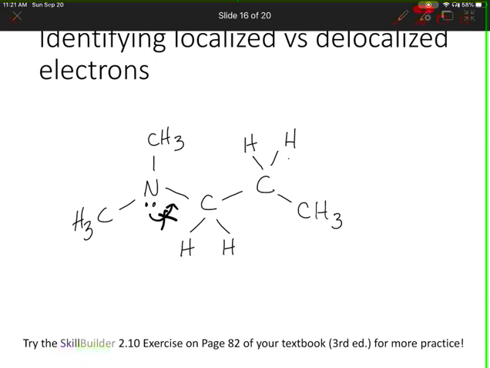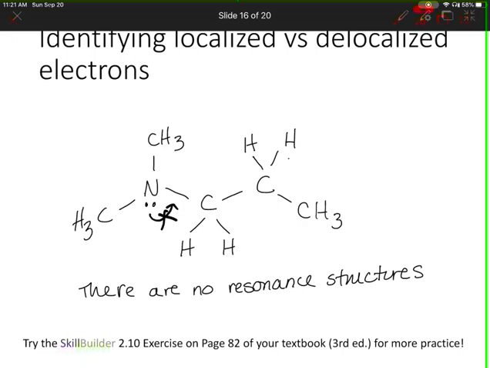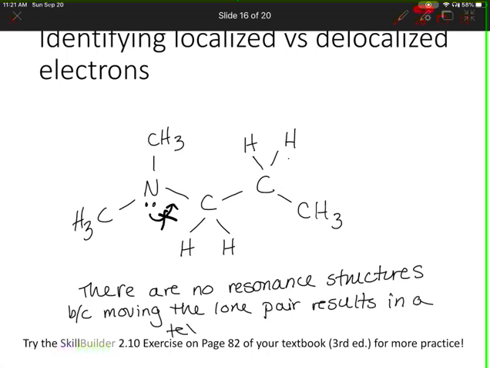So there are no resonance structures because moving the lone pair results in a Texas carbon. Or another way of saying that is you're violating the octet rule. Okay, so if we can't move those electrons, what is the hybridization of nitrogen?